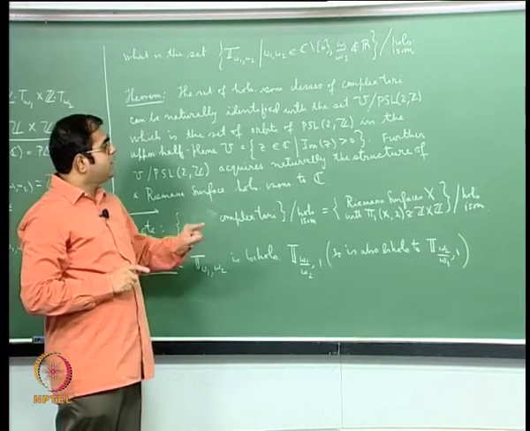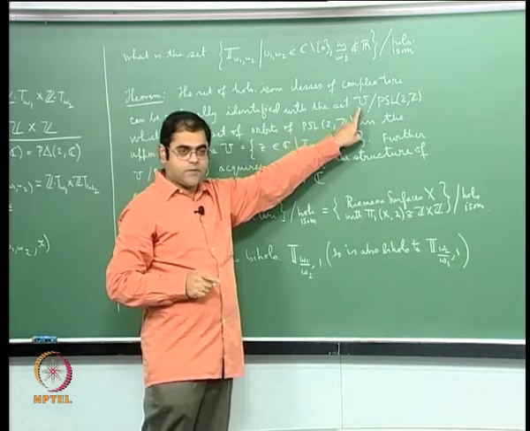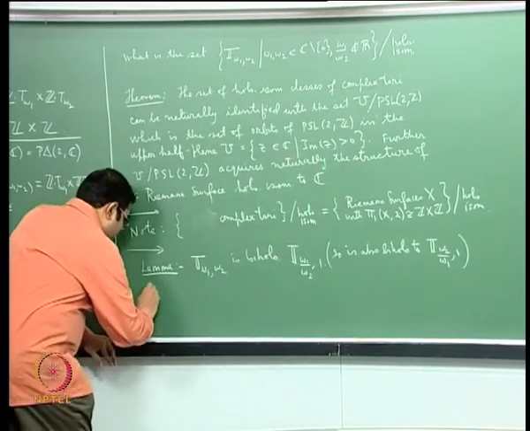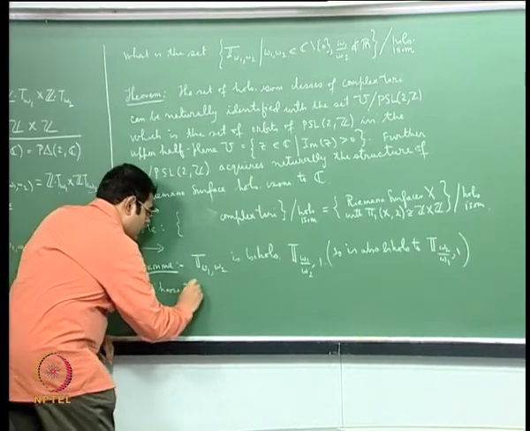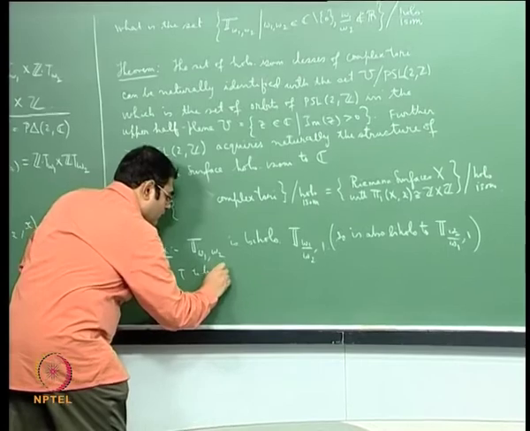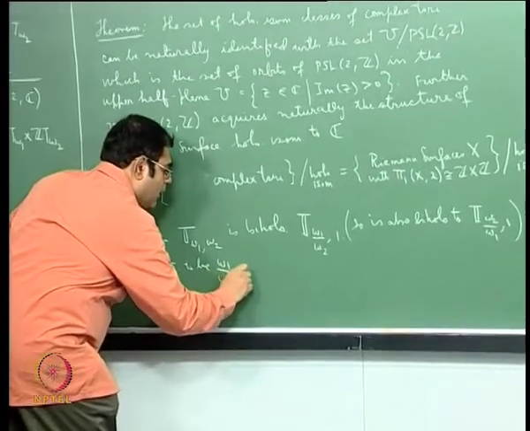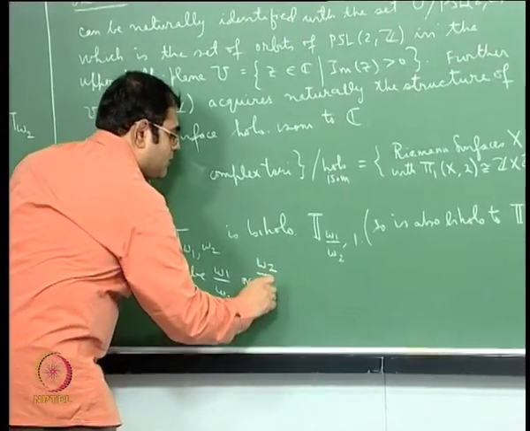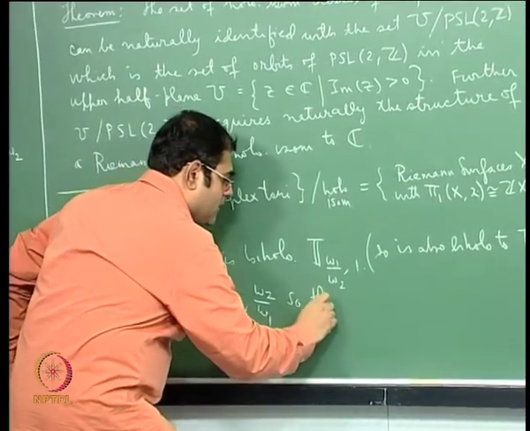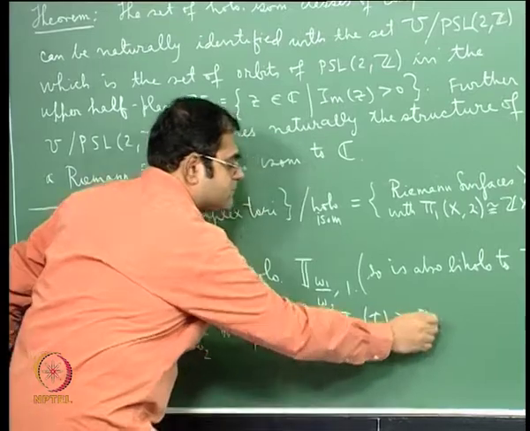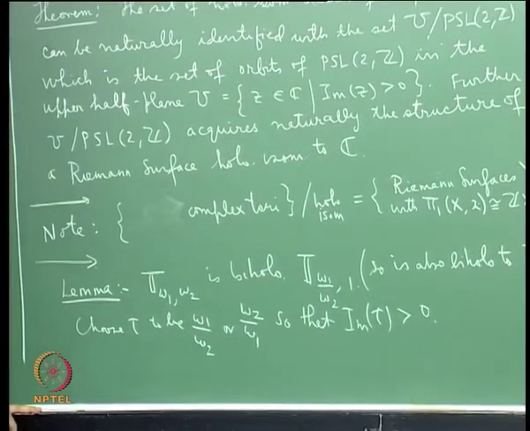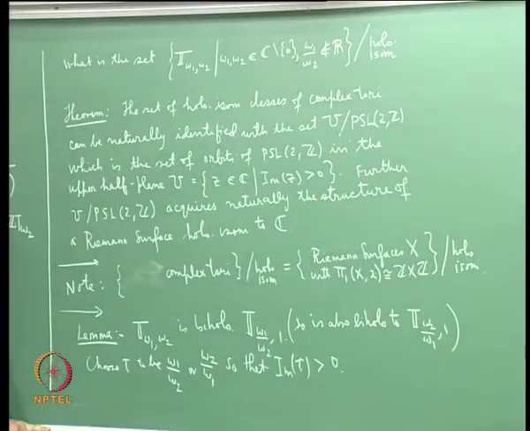Then that tau is an element of U. So choose tau to be omega 1 by omega 2 or omega 2 by omega 1, so that the imaginary part of tau is positive. You can do that, because if one of them has imaginary part negative, then the other one will have imaginary part positive.